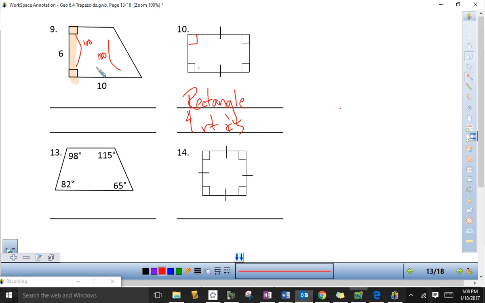That's always going to be the case for a quadrilateral. If you know that one pair of consecutive angles are supplementary, then the other pair opposite have to be supplementary as well, because if you take 180 out of 360, you're always left with 180 degrees. So that tells me that this is a trapezoid because I've got 2 pairs of consecutive angles that are supplementary. And that's what we'll use as a reasoning here.